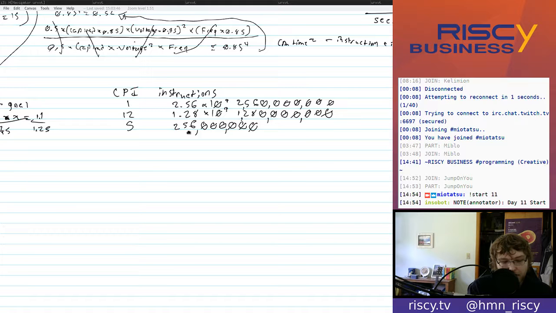It says assume that a processor has, also assume that on a single processor. But then here it says assume that each processor. I think that's just a mistake in the wording. So let's just say 2 gigahertz.